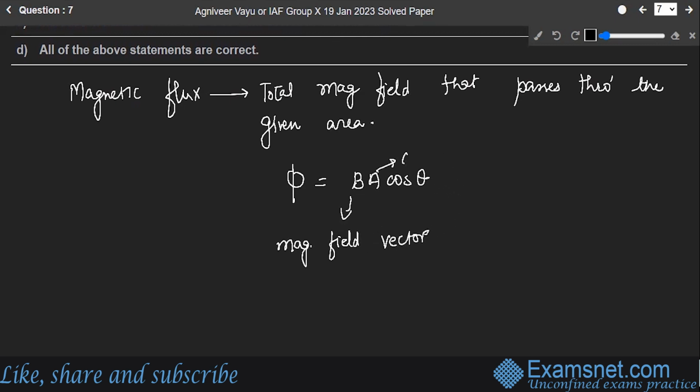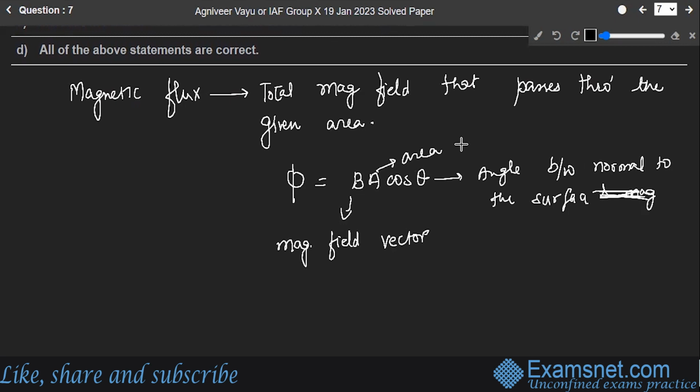A is the area of the surface and theta is the angle between the normal to the surface and the magnetic field vector. So let's understand this using a diagram.